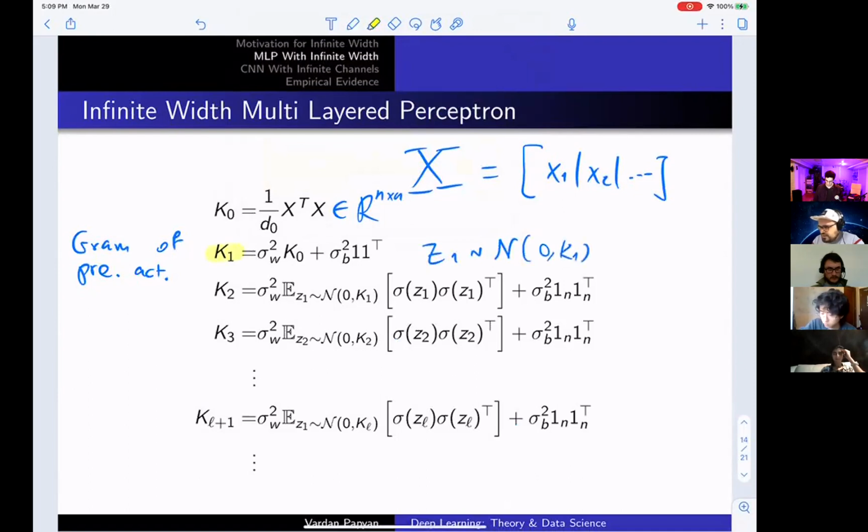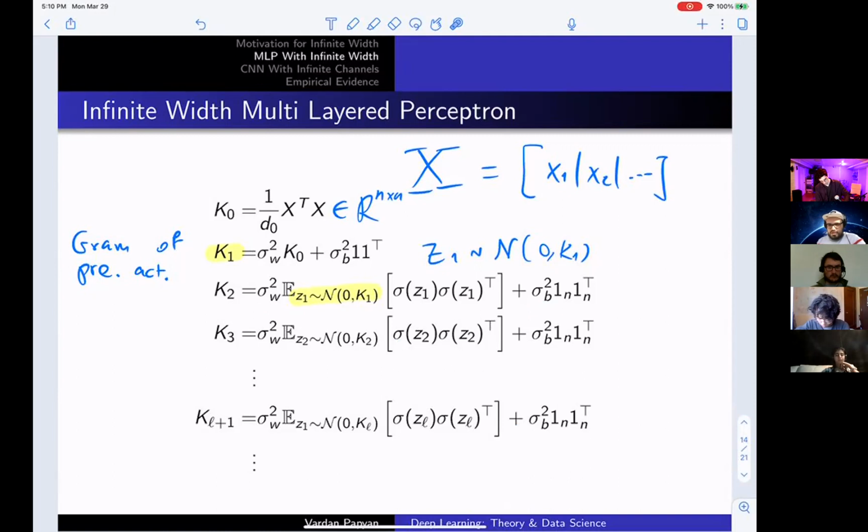And then what we do is we sample Z1s from this normal 0, K1, and we calculate the expectation of sigma Z1 times sigma Z1 transpose. And then again, we have multiplication by some variance plus bias times 1 transpose. Notice that here there is a sigma W and a sigma B because that's corresponding to the next fully connected layer. And then you can just iterate this as many times as you want.